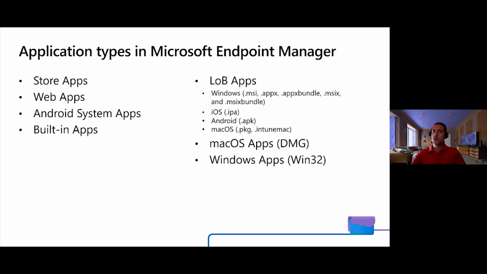Then you can deploy macOS DMG apps, and essentially a DMG is a disk image file that contains one or more applications, and many common applications for macOS are available in the DMG format. And the last one is Win32 apps, which I'm going to talk about in a bit.